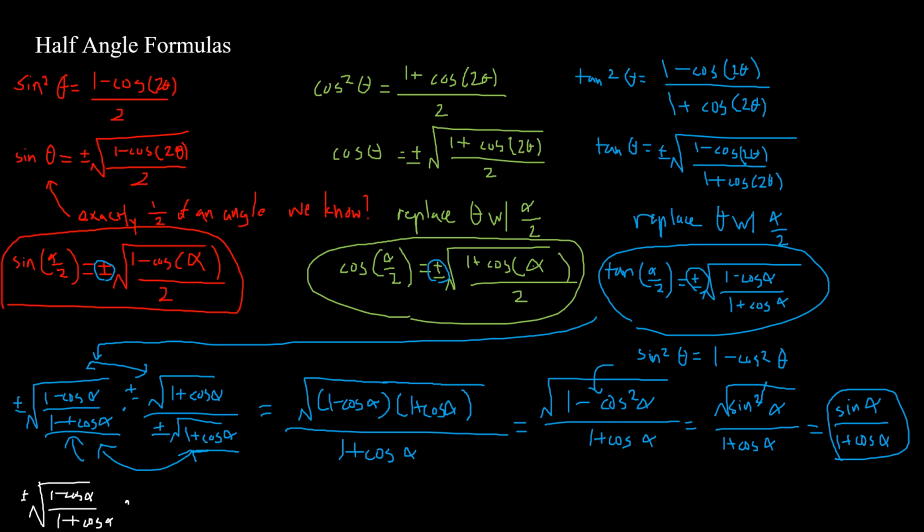Or I'm sorry, actually, I mixed things up. In the first time, we multiplied by the conjugate of the numerator, because the conjugate of 1 minus cosine alpha is going to be 1 plus cosine alpha. But what I'm writing here in white, we should multiply by the conjugate of the denominator. So that's just going to be 1 minus cosine alpha. Sorry for mixing those things up.